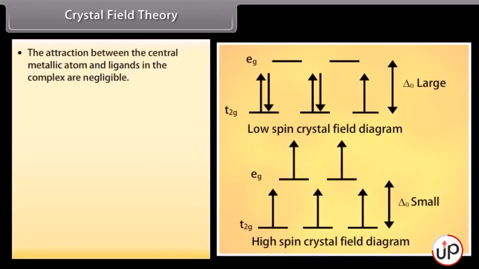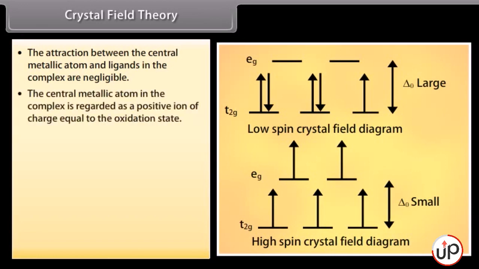Crystal field theory. The important points of the crystal field theory are following. The attraction between the central metallic atom and ligands in the complex is negligible. The central metallic atom in the complex is regarded as a positive ion of charge equal to the oxidation state.